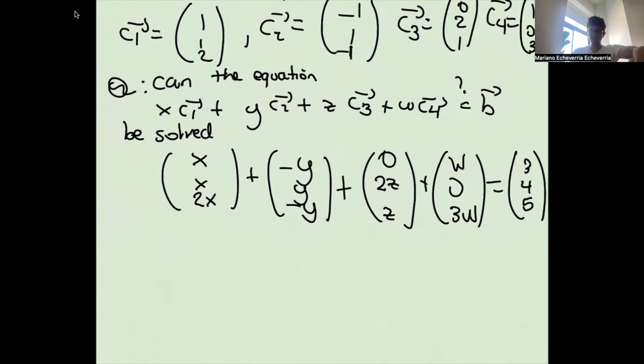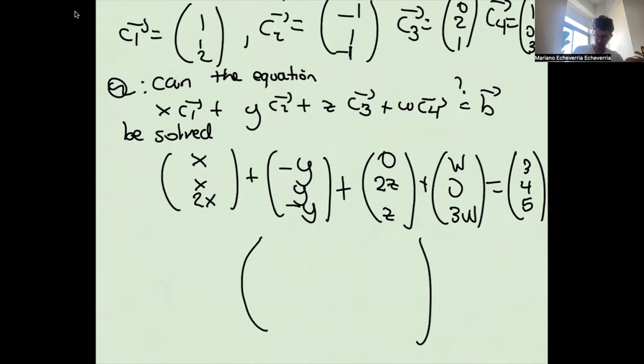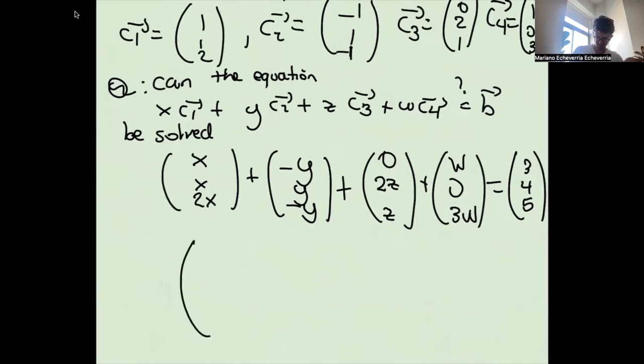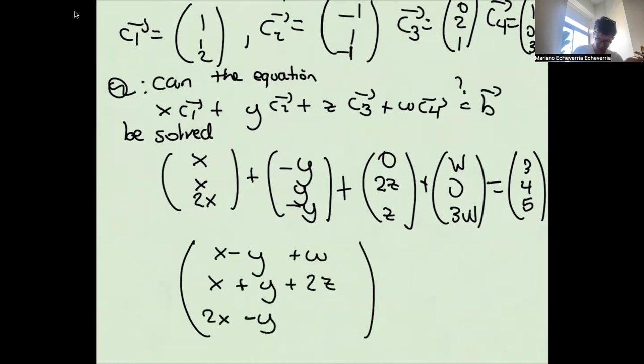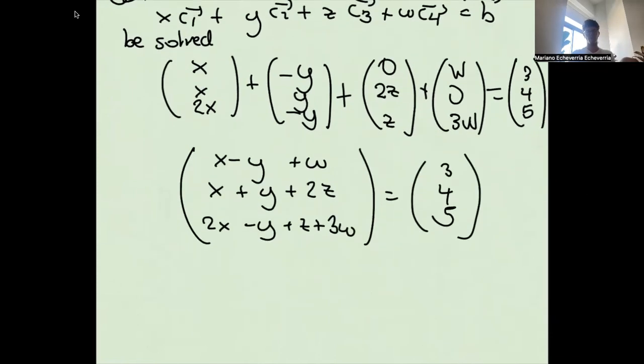The reason I'm doing that is that if you add these vectors together, this gives you the first entry x minus y plus w, then x plus y plus 2z, and then 2x minus y plus z plus 3w, equals 3, 4, 5, right?